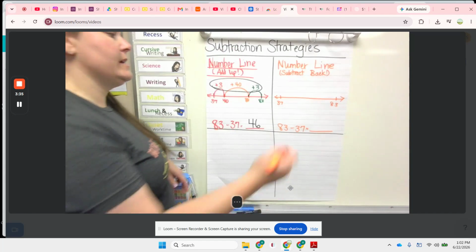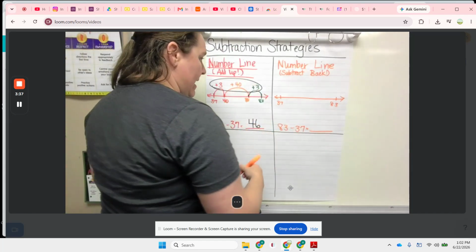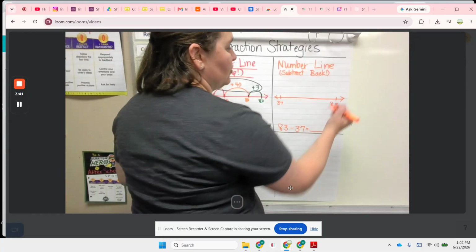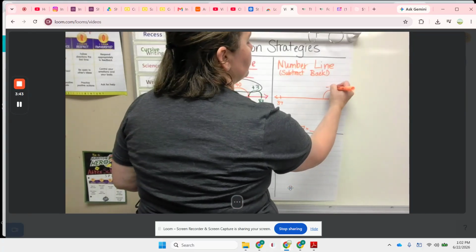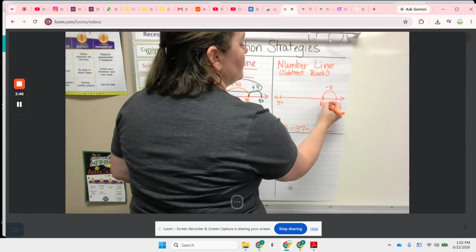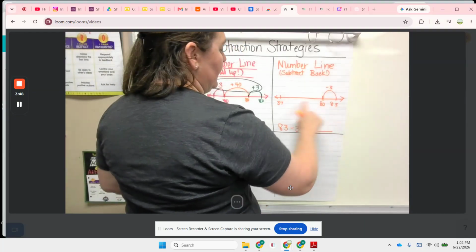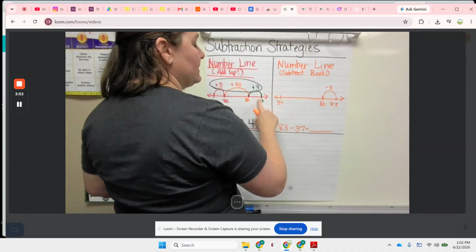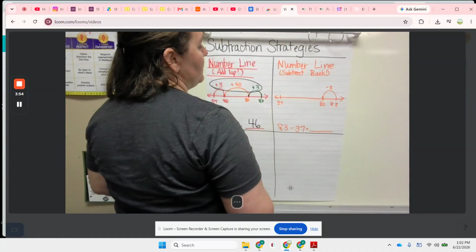So now you could make a bunch of jumps back. But again, I always tell them, put it into bite-sized chunks. So that first one I always do is a minus 3 to get me to 80, but I don't want to be at 80. I want to be in the 30s. But if I take away 50, that's going to put me at 30, and that's going to be way too small.